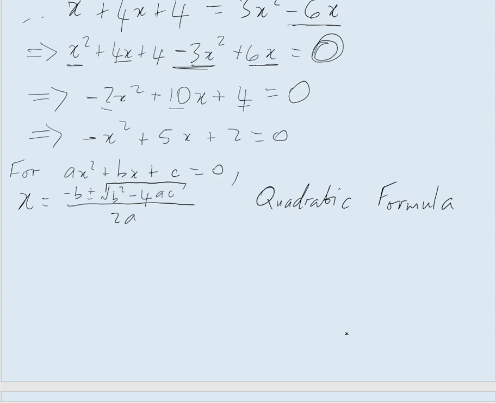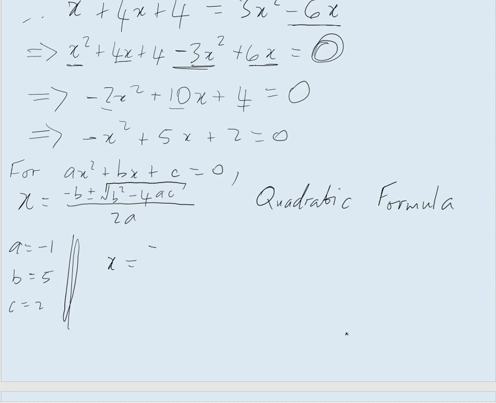So this is our equation here. In our case, a is -1, b is +5, and c is 2. So taking that into consideration, x will be what?